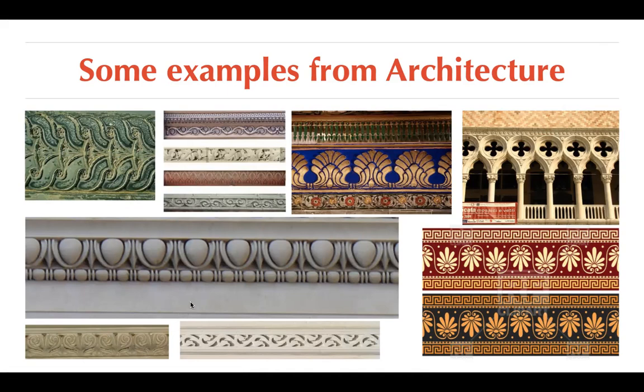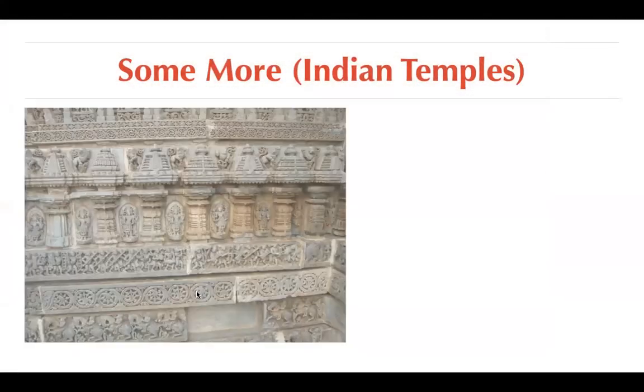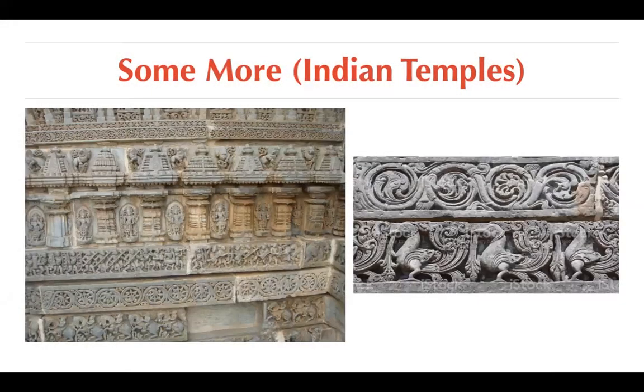So there are some more examples from Indian architecture now. These are some of the examples, and this is an example from some Keshava temple. I don't know the exact location of the temple, but perhaps it's somewhere in the southern part of India, and also here. As you can see, this swan is just repeated in the positive x and in the negative x direction.